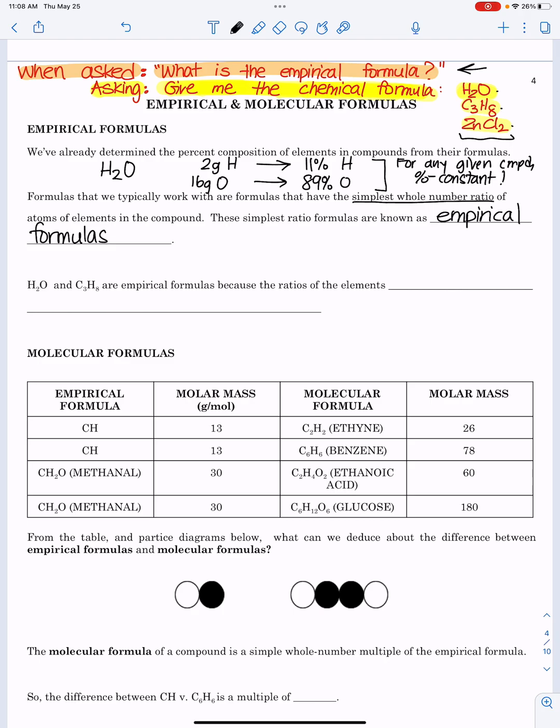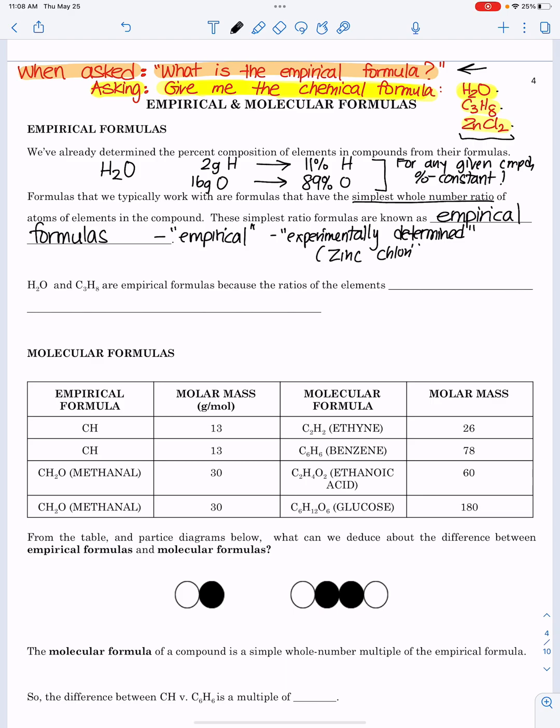The actual definition of empirical, if you were to look it up, is experimentally determined. And we experimentally determined the formula of zinc chloride, like in the zinc chloride lab.